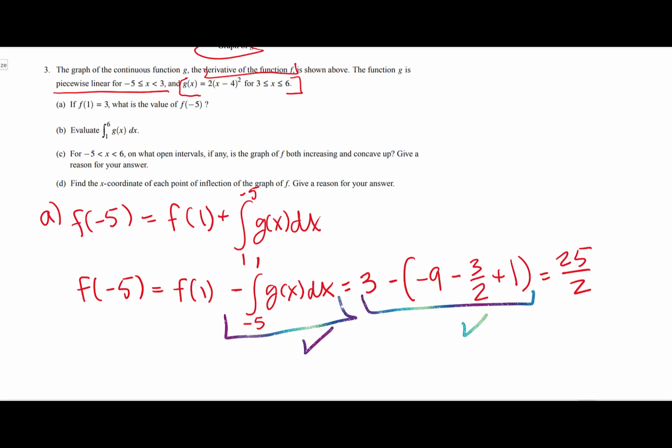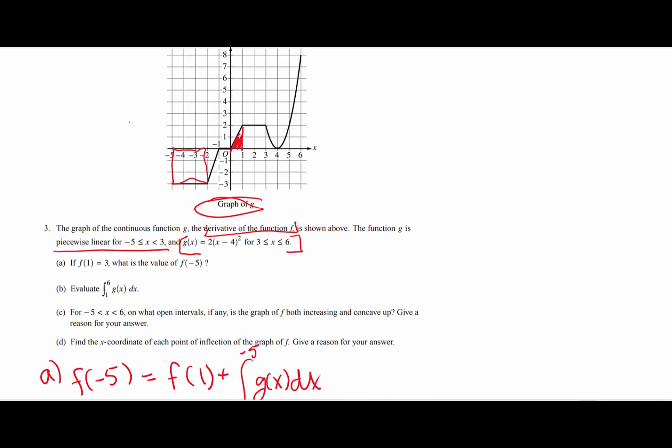And then for B, let's look at B. So B wants us to evaluate the integral of g from 1 to 6. So let's look. Again, I'm going to erase these marks because I can. So if we want to go from 1 to 6, I'm actually going to need to break this up, right?